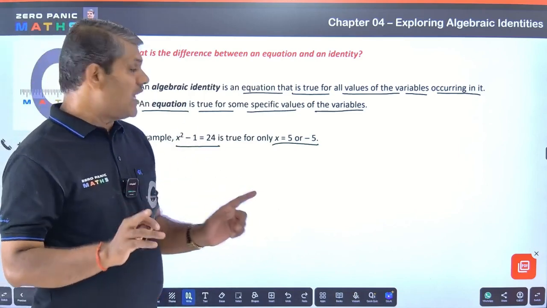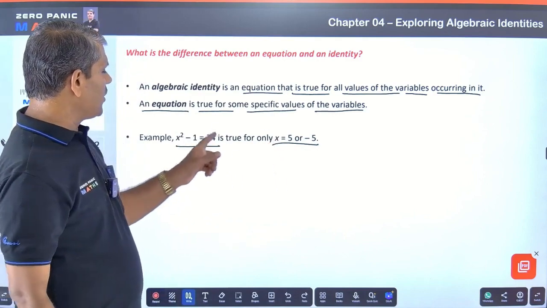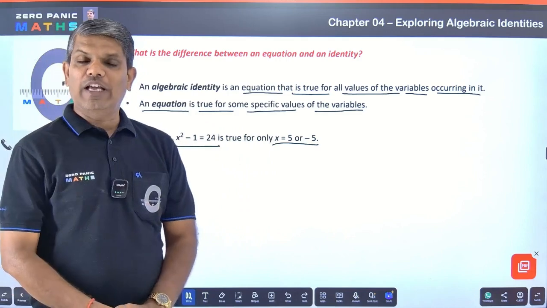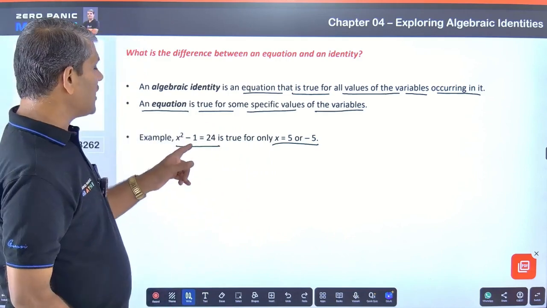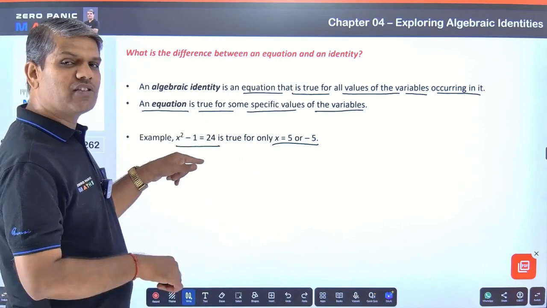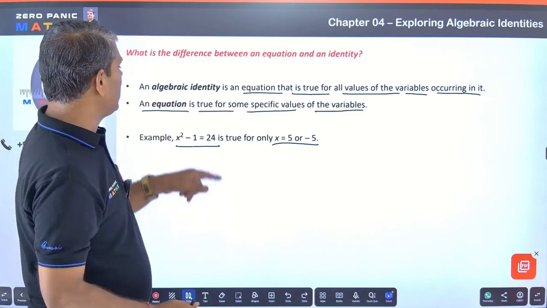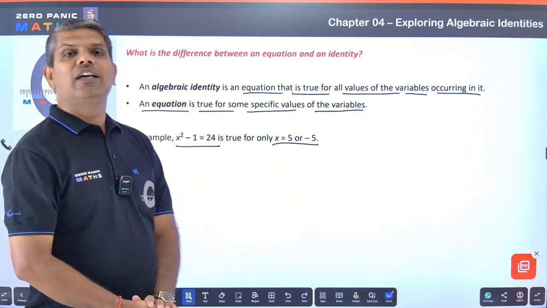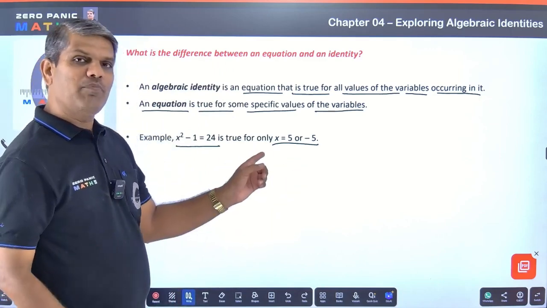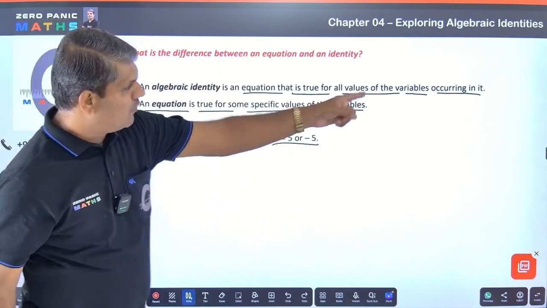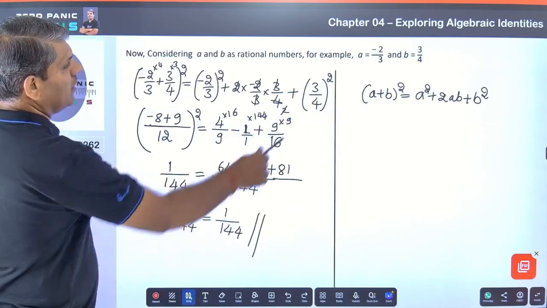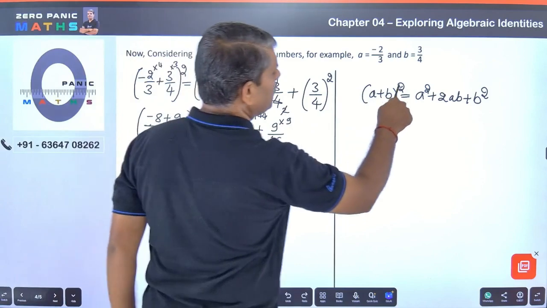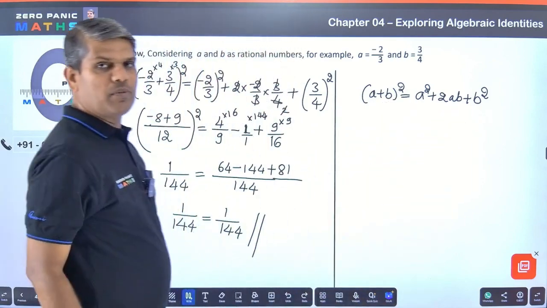For no other value of x can this equation be true. So that is the reason this is called an algebraic equation, which is true for some specific values, and an algebraic identity is true for all the given values. An example we have seen is this formula, (a plus b) whole square is equal to a square plus 2ab plus b square.